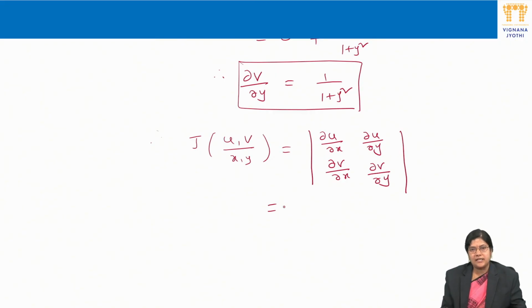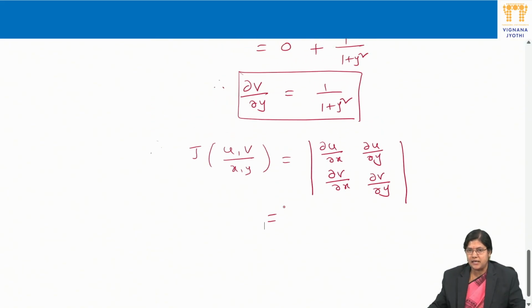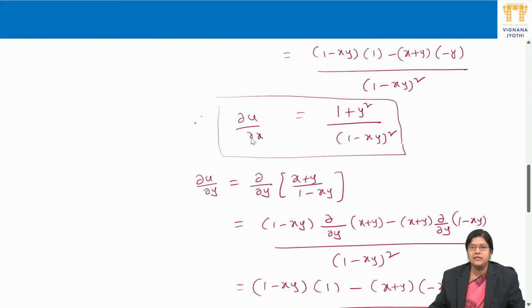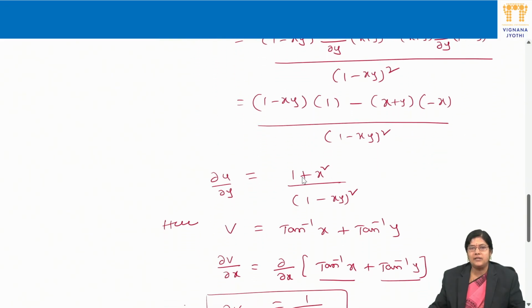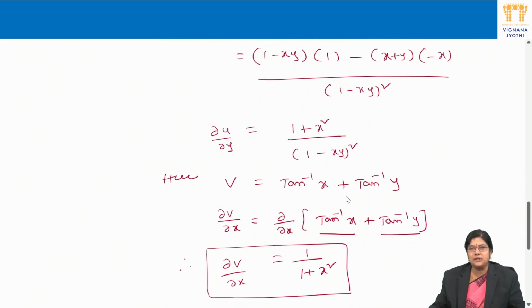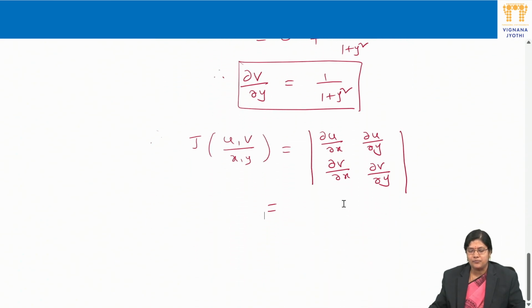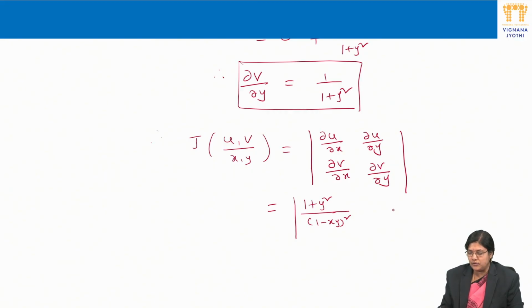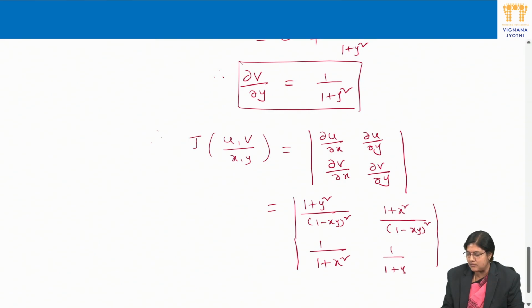From the previous steps, we calculated the values of ∂u/∂x and ∂u/∂y. Here ∂u/∂x is (1 + y²)/(1 − xy)², and ∂u/∂y is (1 + x²)/(1 − xy)². Putting all these values in the determinant, we have ∂u/∂x is (1 + y²)/(1 − xy)², ∂u/∂y is (1 + x²)/(1 − xy)², ∂v/∂x is 1/(1 + x²), and ∂v/∂y is 1/(1 + y²).